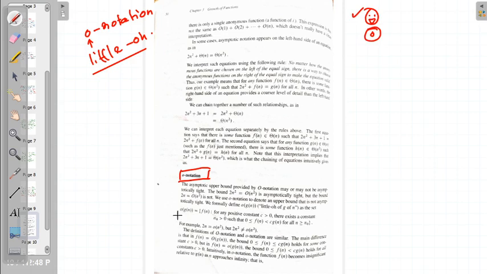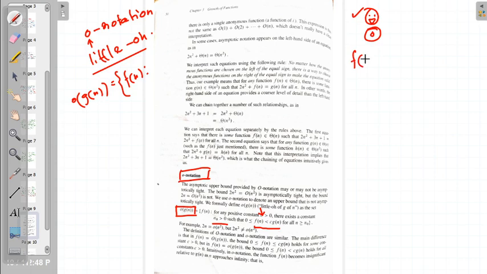This little o is again the same thing: small o of g(n) equals a set of functions f(n) such that this condition is satisfied: for every positive constant c greater than 0, there exists a constant n0 greater than 0 such that f(n) is strictly less than c times g(n).